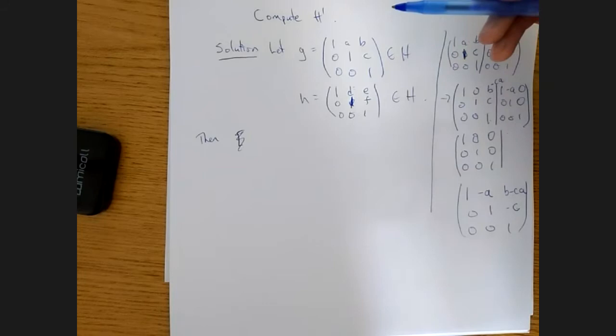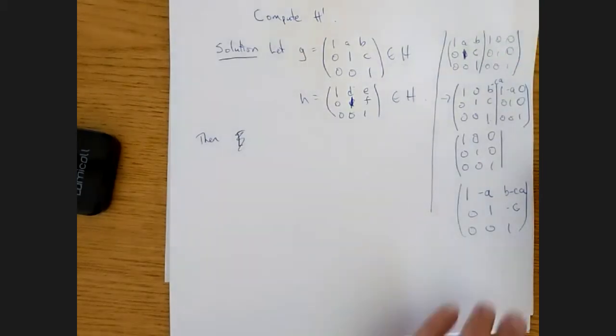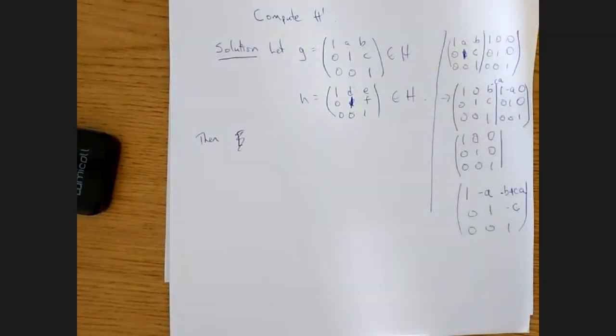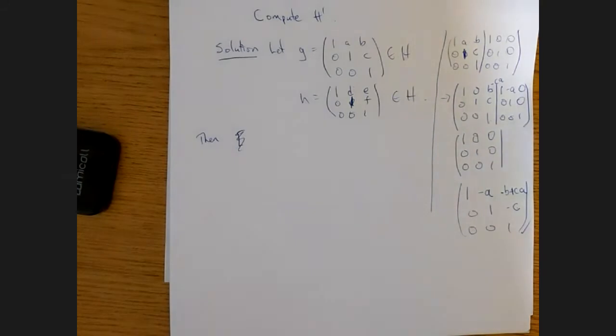Oh, so I got a sign messed up somewhere. It should be CA minus B, and that will be fine, I think. It's a good thing I checked.